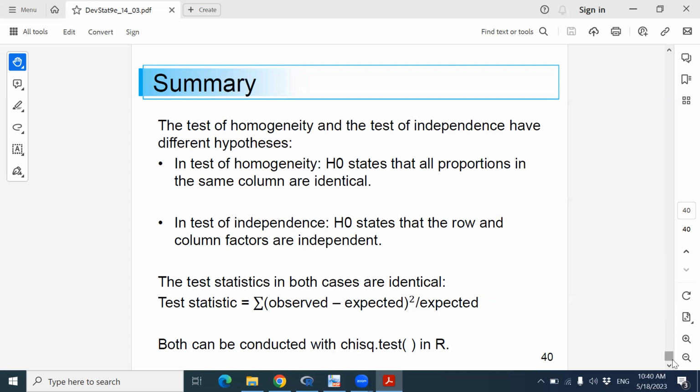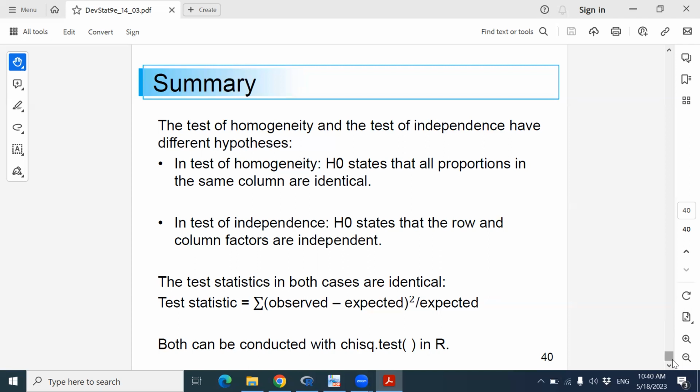Regardless of the two different hypotheses, we could use the same command in R to conduct the test. This command is just chisq.test. What you provide to the test is the data set in matrix or data frame. As long as the needed rows and columns are included in that data frame or matrix, this test will be successful.